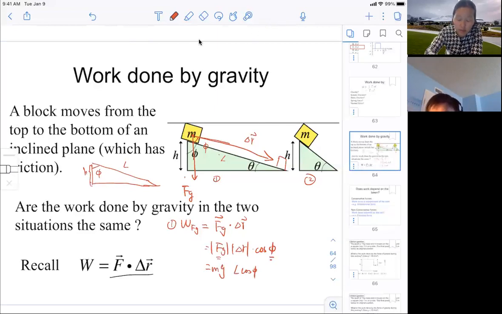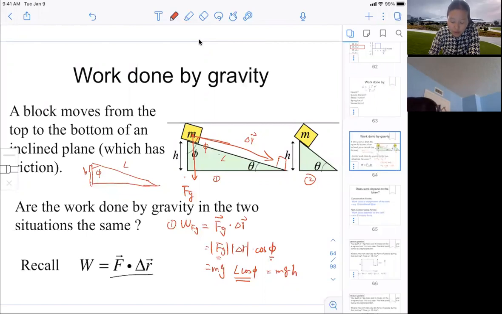Which is h. So L cosine phi is the height, h. So you got mgh. That might look very familiar, right? Gravitational potential energy is also mgh. And it's no coincidence that they're the same. I'll talk about why that is in a minute.